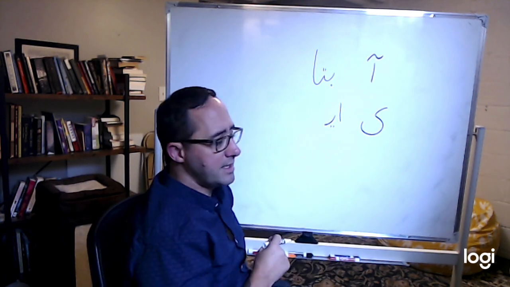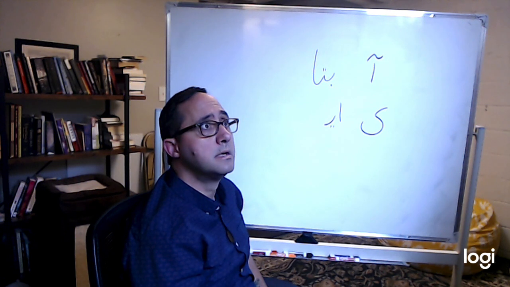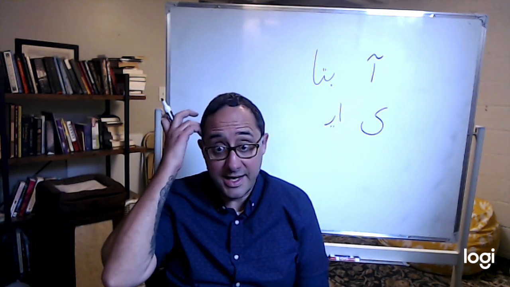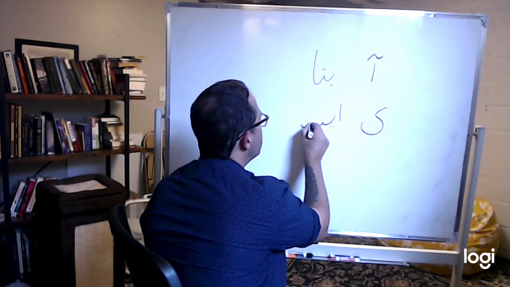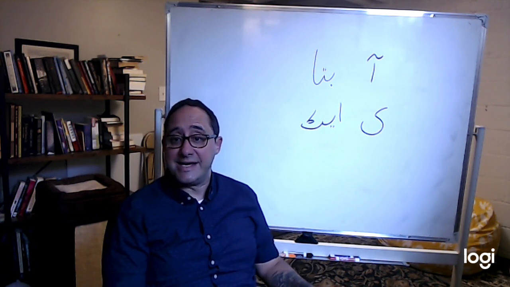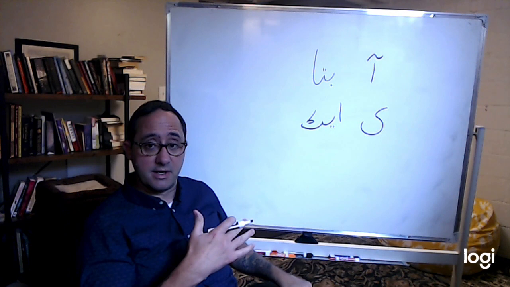So let's say ye. Let's make it an English transliteration. Eat. Okay, this is going to be the retroflex T, duh. But here's the ye. Okay, now what if it's in the middle of the word?